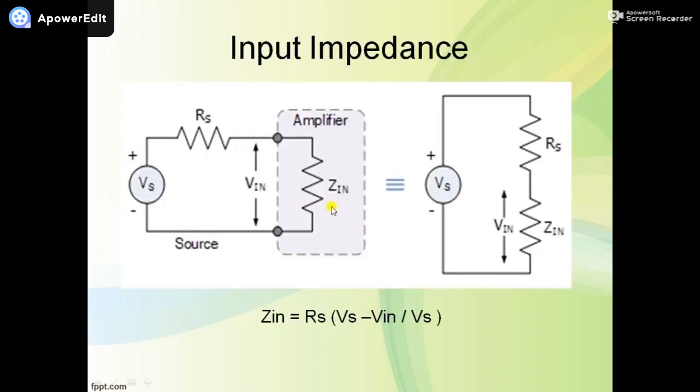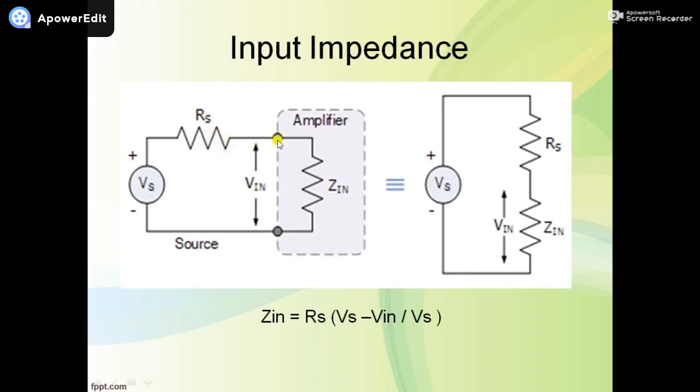So in this slide, how to calculate the input impedance. This is your main source voltage, and this is one more voltage we are measuring after this resistor. Our aim is to measure before RS what is the voltage, and after RS what is the voltage.